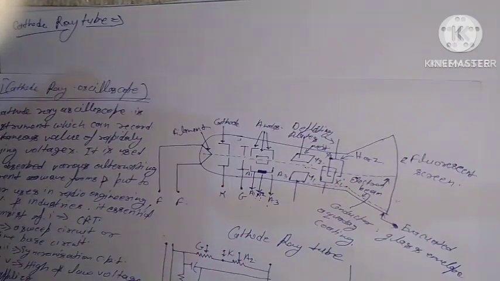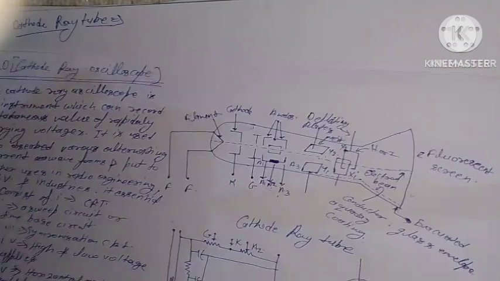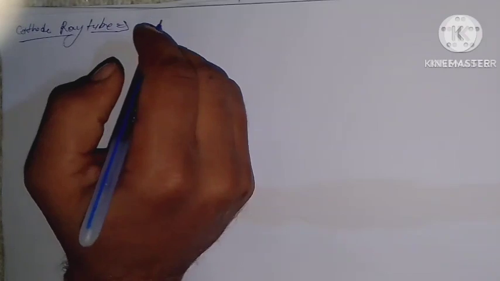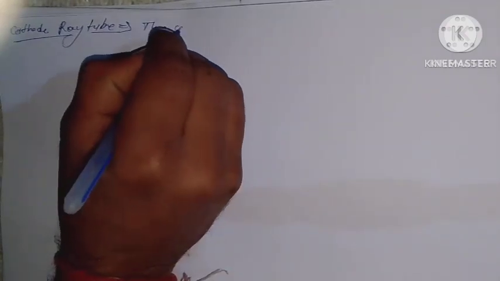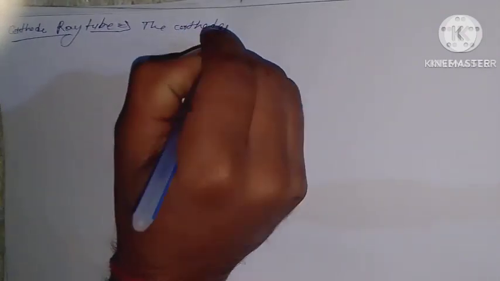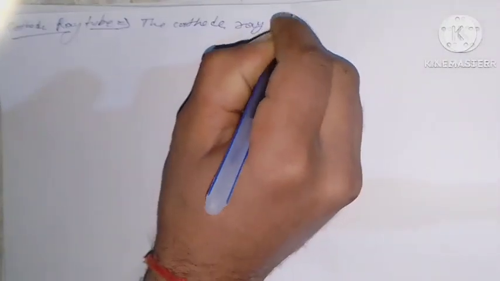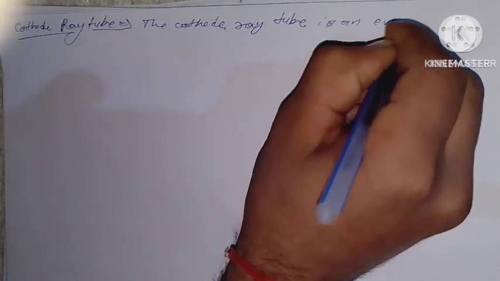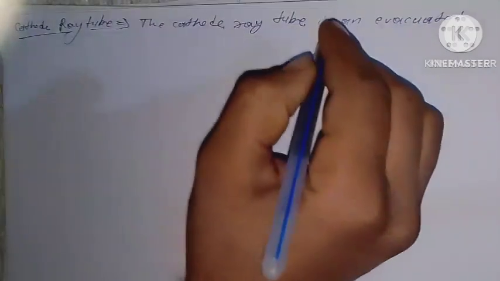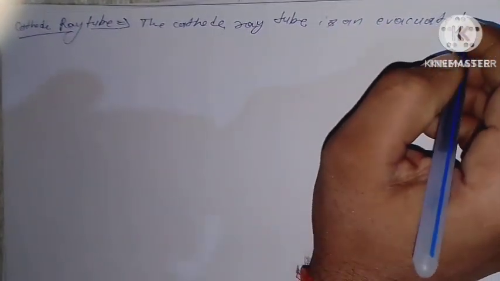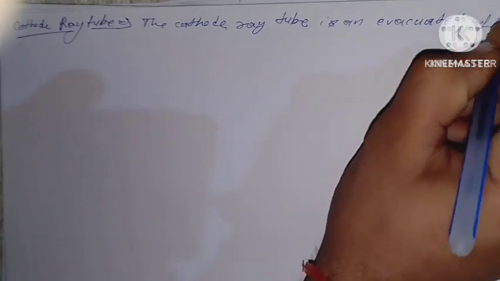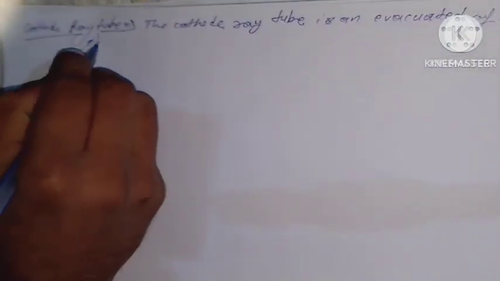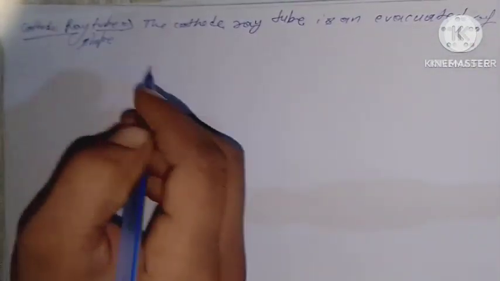First heading, cathode ray tube. The cathode ray tube is an evacuated tube of the shape you can see before.